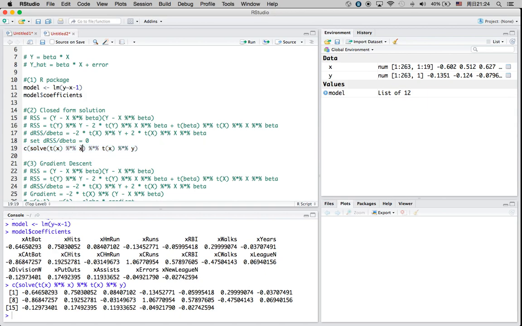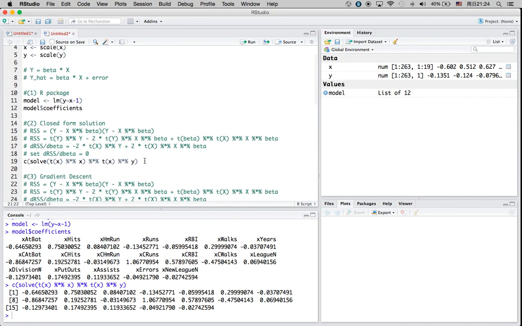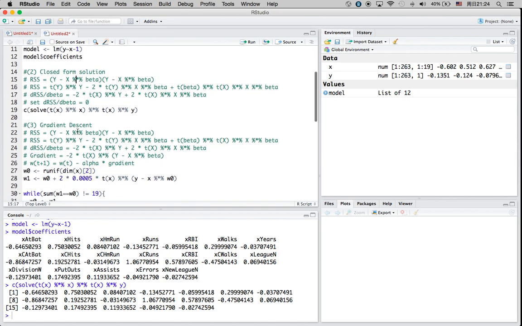By taking the derivative and finding the coefficient that gives us the minimum residual sum of squares, you can see that we are getting the correct coefficient of the multiple linear regression. So basically, this is one of the mathematics behind the model that gives us the coefficient.